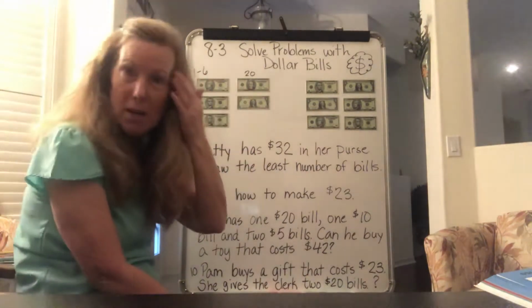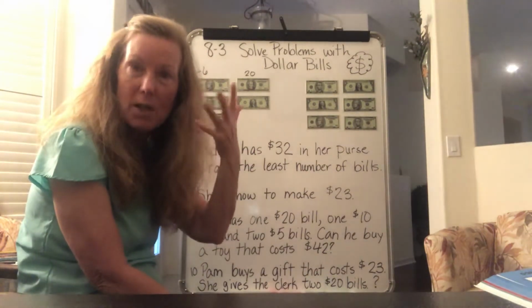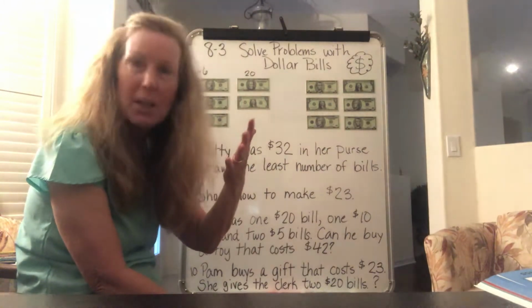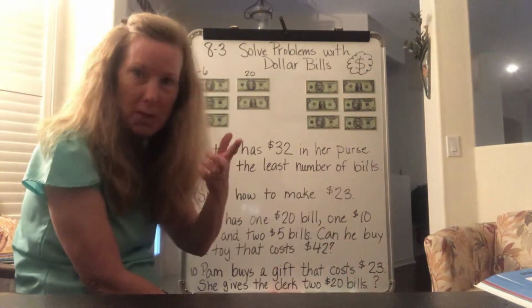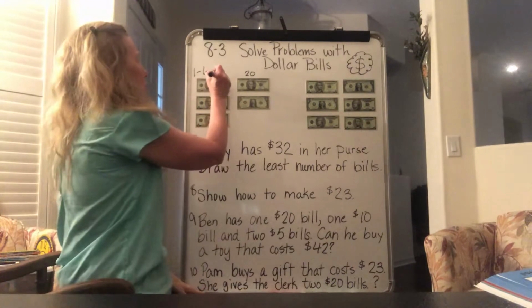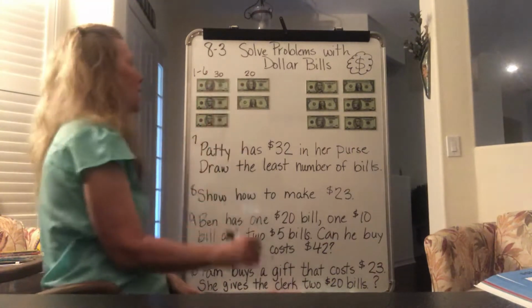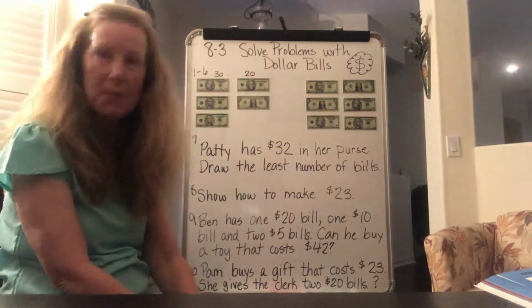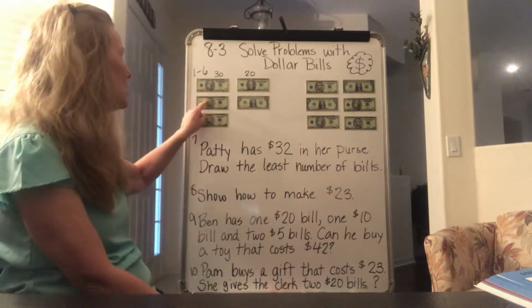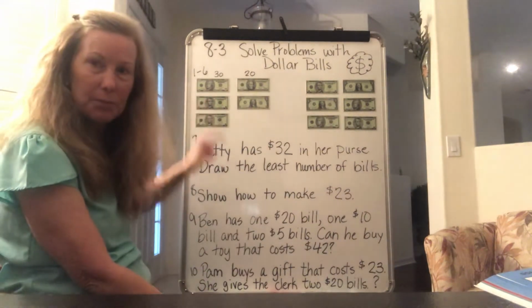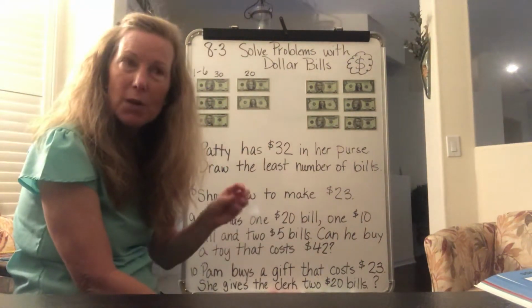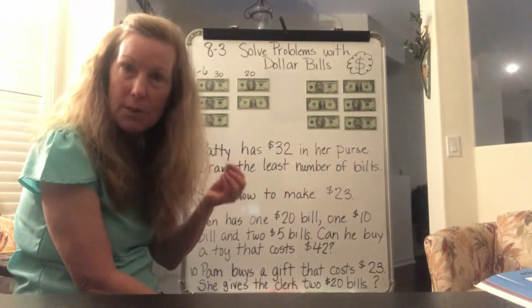So, in my mind, I'm thinking, okay, I have 20, what's another 10? 10s are easy to count by. That's what's nice also about the bills. So now I have 30. So you see how Miss Black put 30 up top, okay? Then I'm going to go down here to my 5, and I'm going to add 5 to 30.